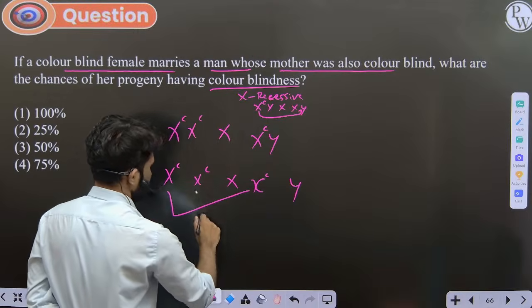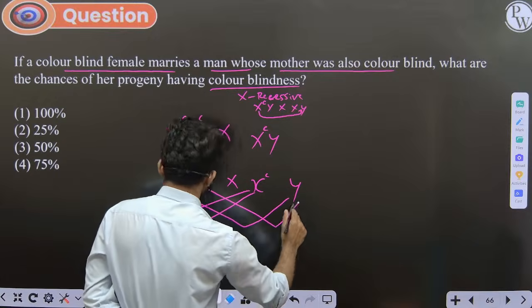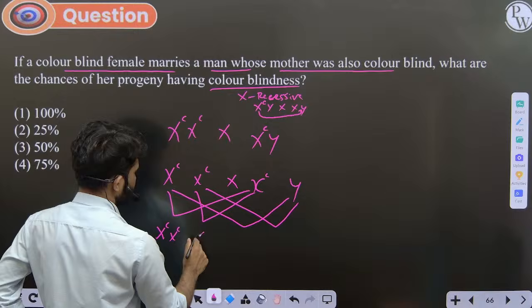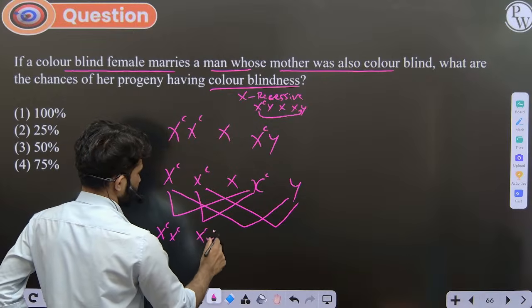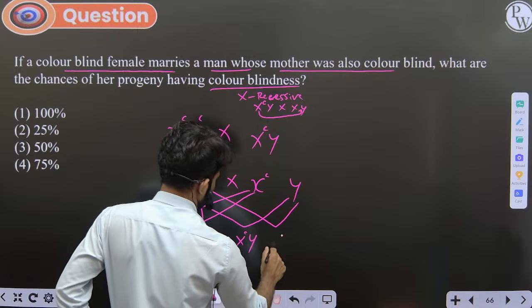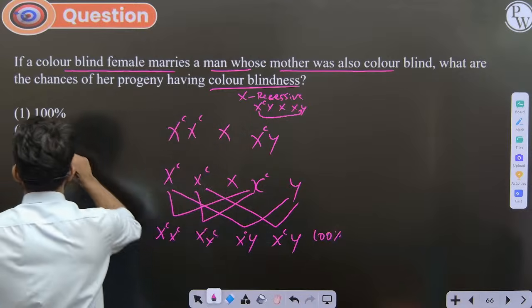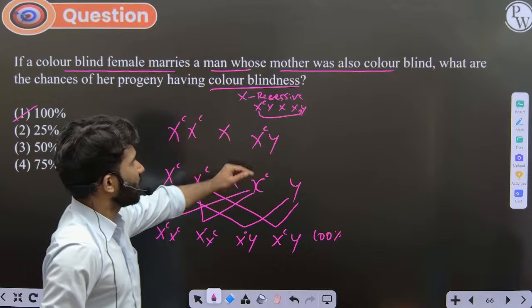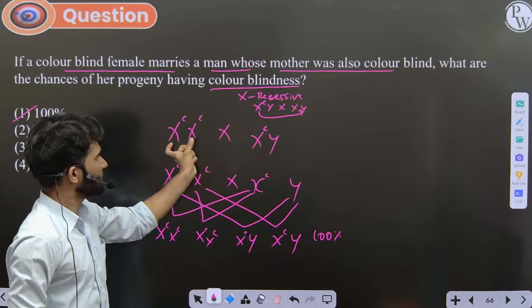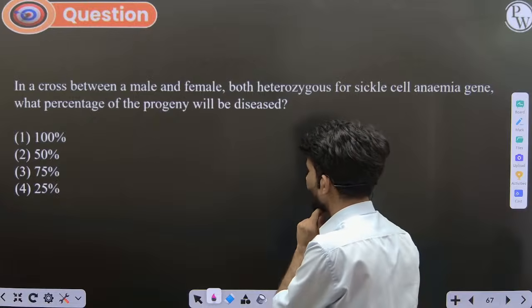All of the offspring, 100% of them, are color blind. The answer is 100%, because the male is also affected.